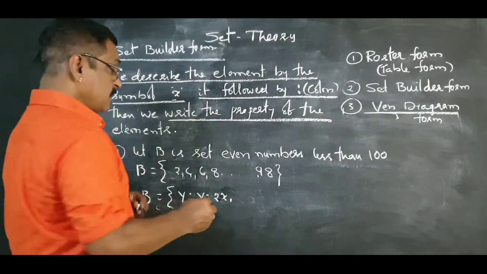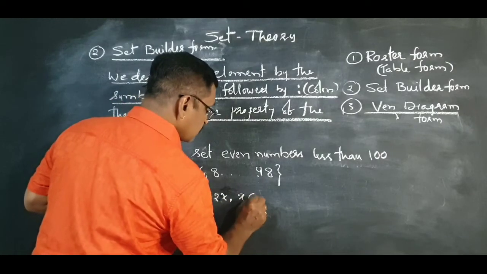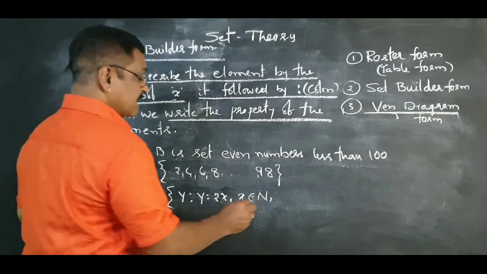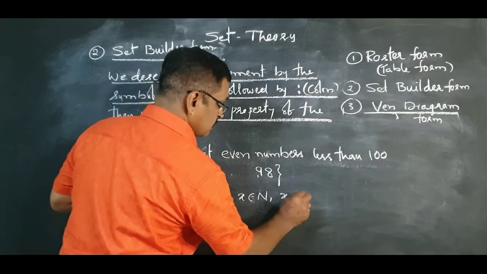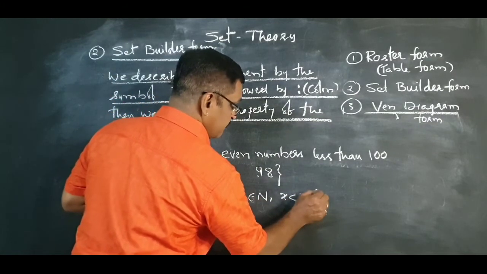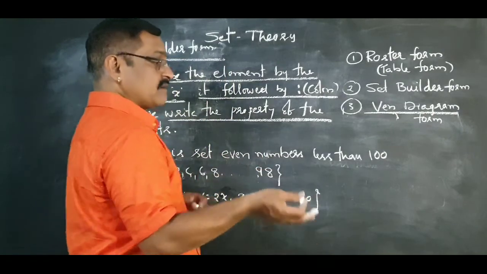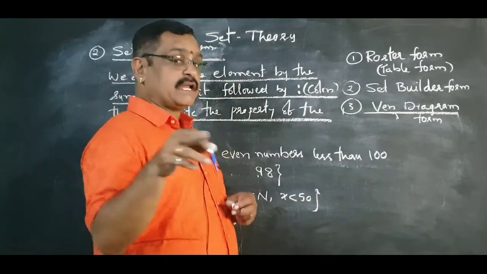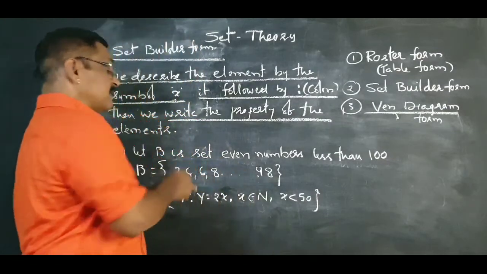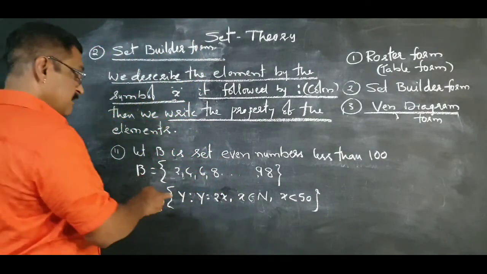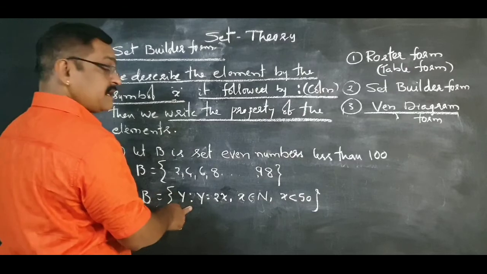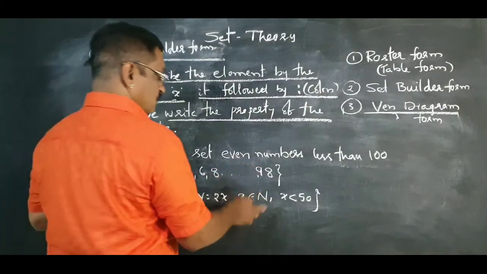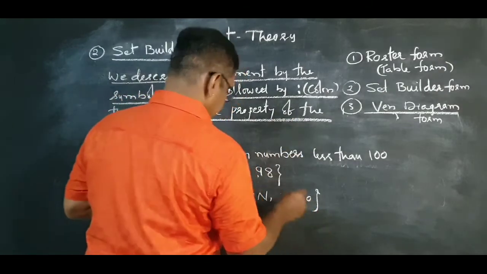What is x here? x is a natural number. Moreover, my x must be less than 50. Why? Because if I take more than 50, say for example 51, 2 times 51 gives 102, which is not an element of this set. So here y colon y is equal to 2x, x belongs to N, x is less than 50.